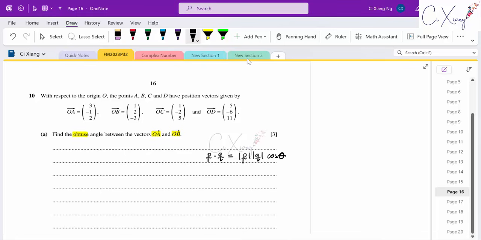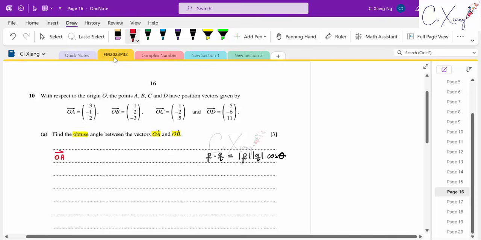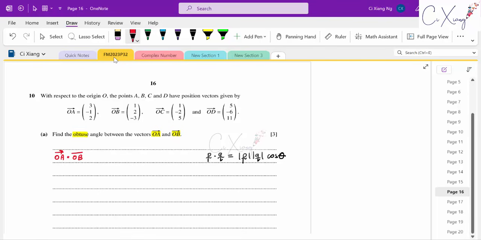So if you want to find the obtuse angle between the vectors OA and OB, our formula will be replaced like this. I'm having OA dot OB equals modulus OA modulus OB and then cos theta.